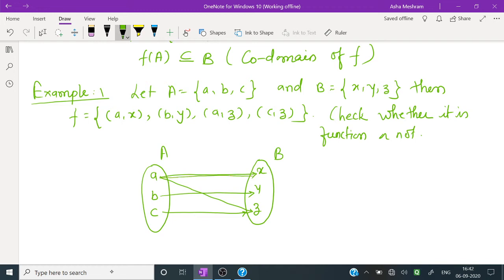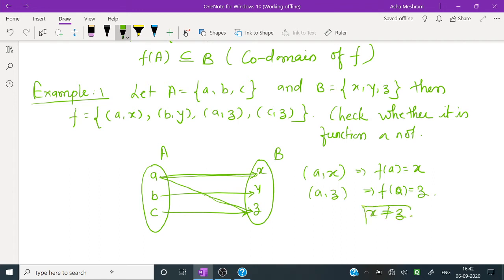This is one image x and this is another. So a is mapped to x, and a is mapped to z also. Means f of a equal to x and f of a equal to z, and x is not equal to z.